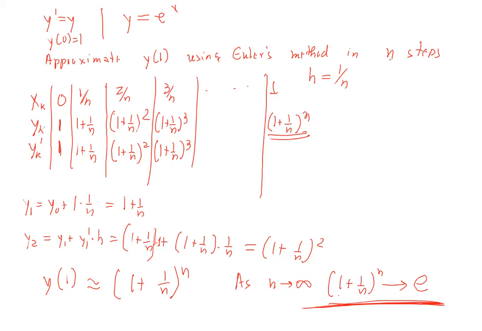So problem number 1 is just to show that something is a solution. And problem number 2 is the traditional Euler's method, what we did a moment ago. And problem number 3 looks very much like this last example that we did here.